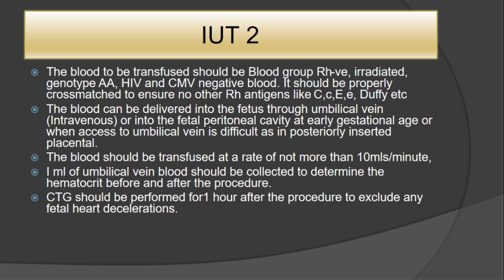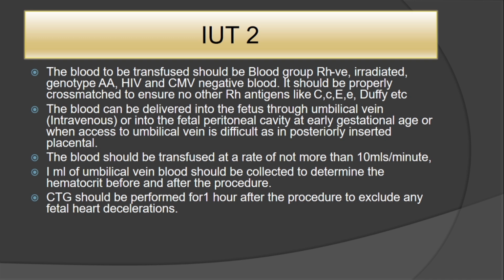And this is the kind of blood that is proper. That blood should also be properly cross-matched to ensure that there are no other Rh antigens, like I've mentioned before. Others like the capital letter C, capital letter E, Kell, and Duffy. They should be screened to make sure that we exclude all the other atypical Rhesus antigens.